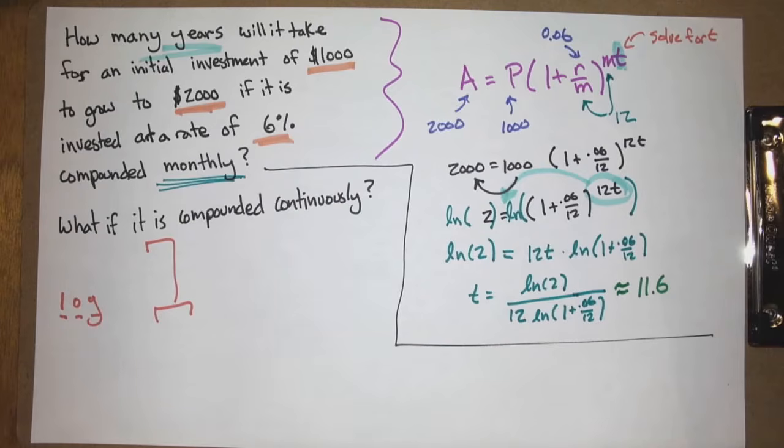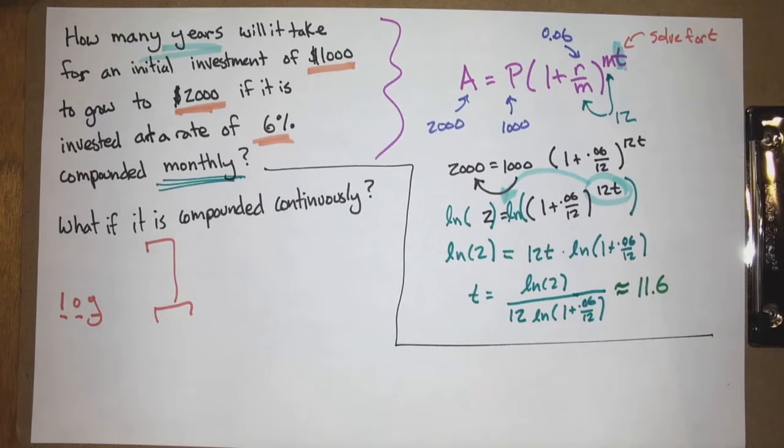Maybe I should think of it, instead of bigger or smaller, think of it sooner or later. Will we be sooner than 11.6 years, or will it be later than 11.6 years? Sooner. Why? The more frequently you compound, the faster your interest grows. Since continuously beats monthly, we should be growing faster, which means that we should get there sooner.